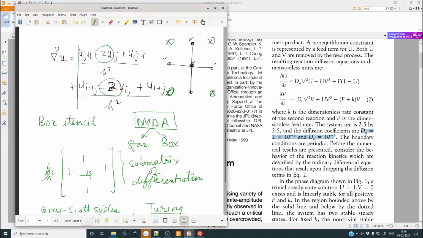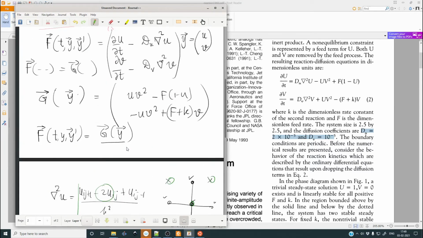So what we have done is split the problem into two parts, an explicit part and an implicit part. For the explicit part, we must construct the RHS. For the implicit part, we must construct both the implicit RHS and the submatrix, or rather the Jacobian, in order to solve it using the SNES.